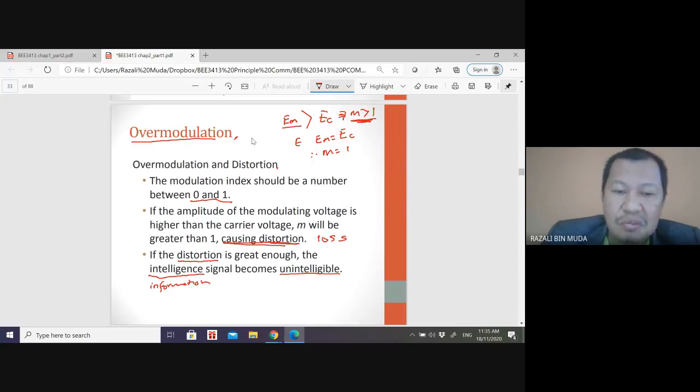Information is no more information. It becomes noise, so it cannot be understood anymore. So what happens if over modulation? It will cause distortion, and the information signal will be lost.